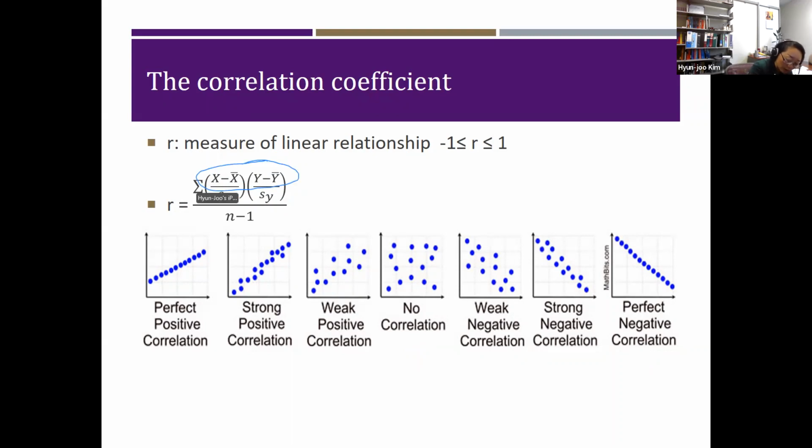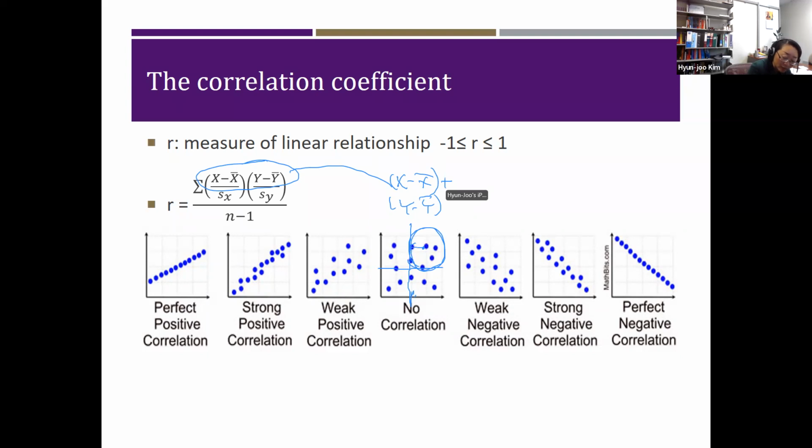So here are your x's, and your x bar is probably somewhere right here. Y bar is in the middle of y, so y bar is right here. If you think about this measure, which is you multiply x minus x bar and y minus y bar and add a whole bunch of them, if you're looking at the data set on this side, your x minus x bar will be a positive value because your x values are bigger than x bar.